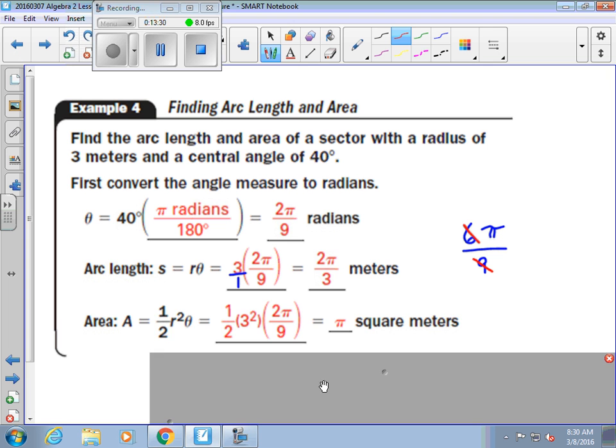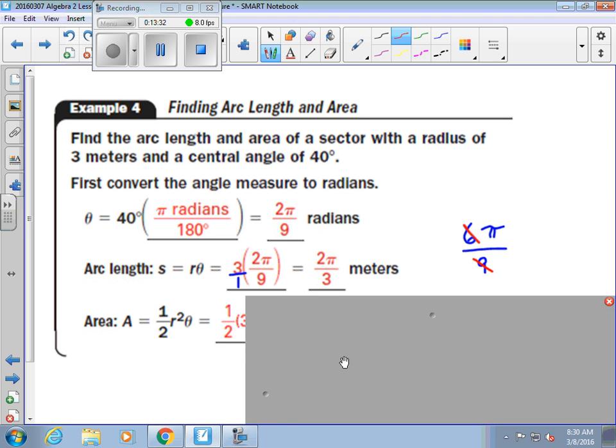In order to find the area, let's take this a step at a time. You're going to plug it in. You already have 2 pi over 9. That was our radian measurement there. 1/2 times the radius squared, 3 squared, times 2 pi over 9. So when we do all of that, 3 squared first, this right here is 9.